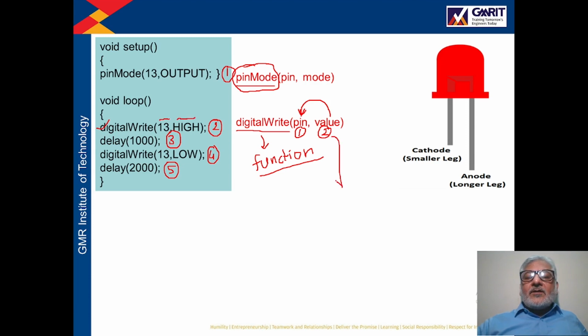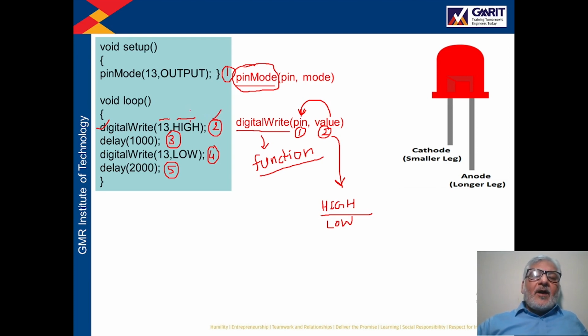In this function, the second argument, which is value, can have only two values, either HIGH or LOW, right?